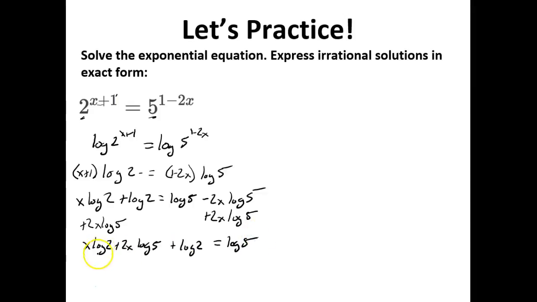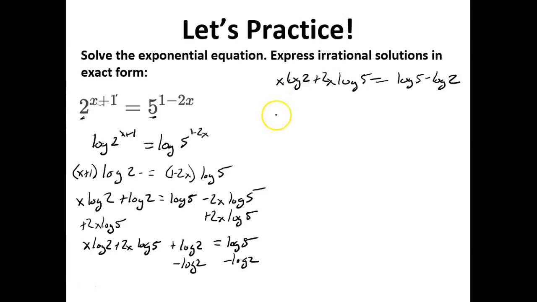I want to get my variables by themselves, so I'm going to get this other term that doesn't have a variable onto the right side. I'll subtract log of 2. And so now we have x log of 2 plus 2x log of 5 is equal to log of 5 minus log of 2, like that.